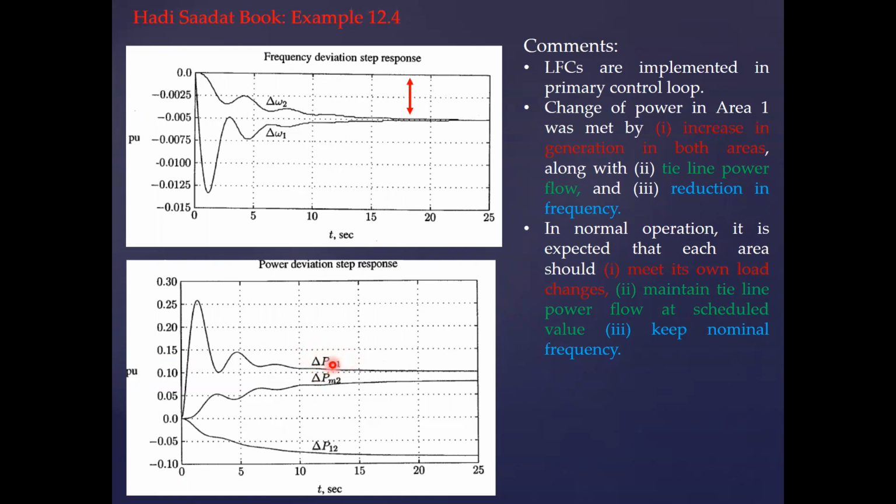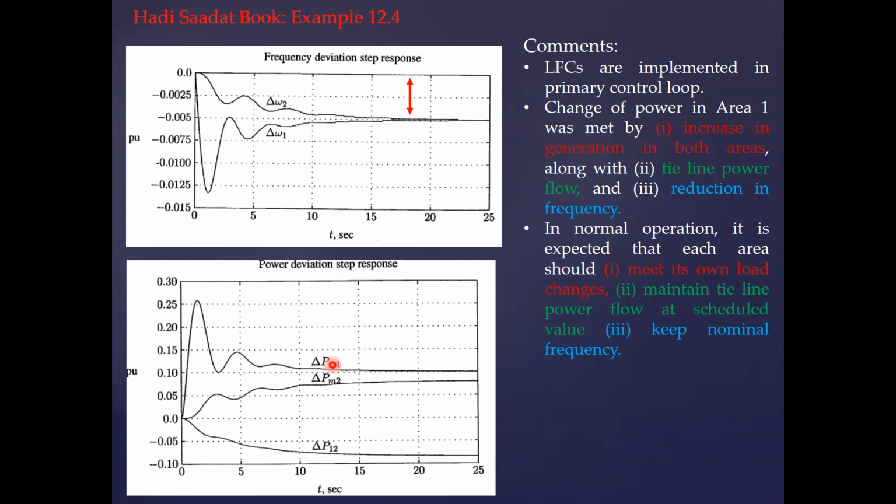So it means that if a load disturbance takes place in area 1, you regulate the output power on the turbine in both the areas. That should not happen because load change is local. It is expected that the local generators or power plants should meet the disturbances.